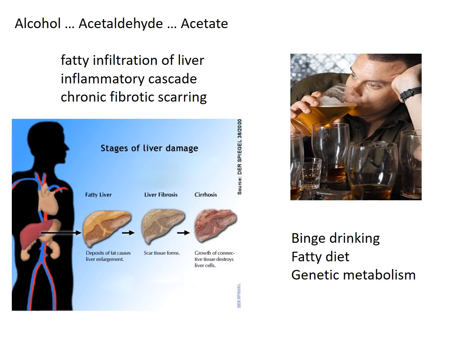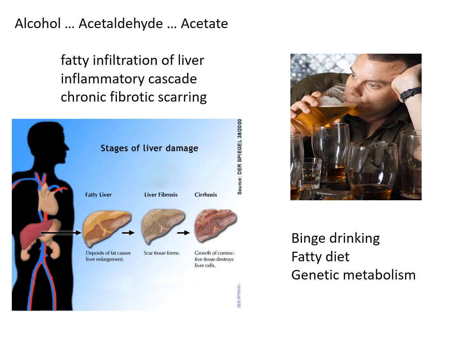Okay, then one of the major hepatotoxins is alcohol. And alcohol in and of itself, while it does a lot of things to the brain and the nervous system, is not as damaging to the liver as are the metabolites of alcohol. So alcohol is metabolized to acetaldehyde and then eventually acetate.